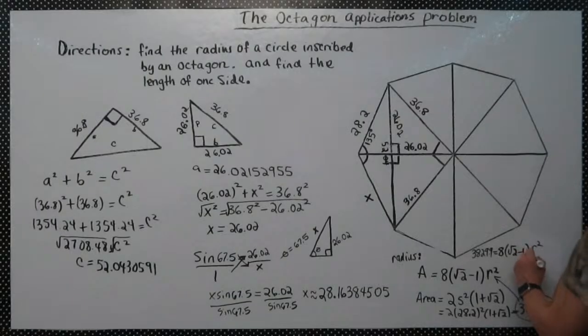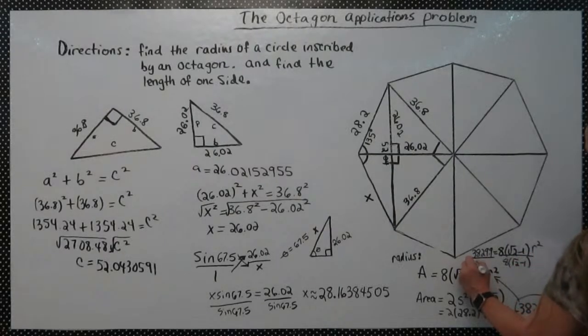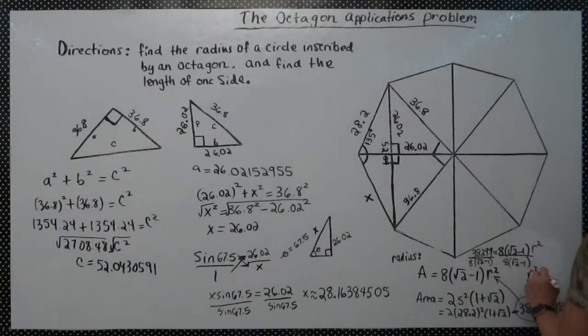We're going to divide off the 8 times radical 2 minus 1 here, and then you're going to get r squared equals, and that is telling me r squared is 1155.780258.